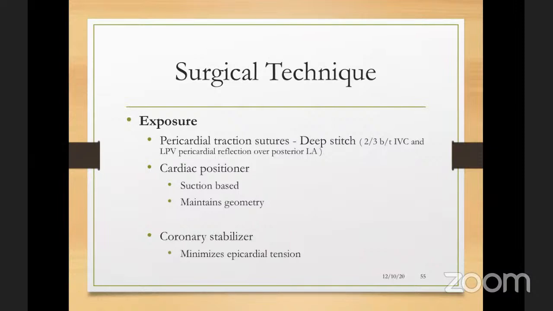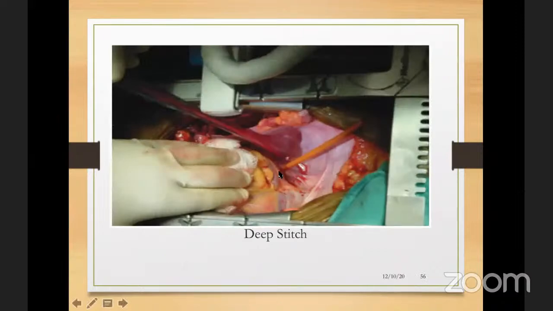For exposure, a pericardial traction suture and deep stitch can be used, as seen here. It is placed two-thirds of the way between the IVC and the left pulmonary veins, at the reflection of the left atrium.